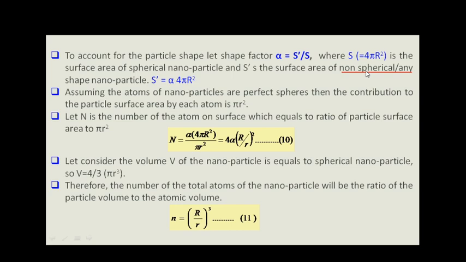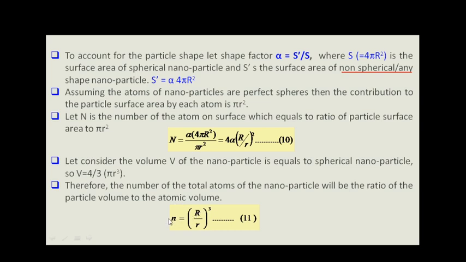That means let the particle be a prism, but its volume will be equivalent to the spherical one only. In that case, I have the freedom to take the ratio, that is the volume of a particle, 4 pi by 3 capital R cube, and there is n number of atoms.